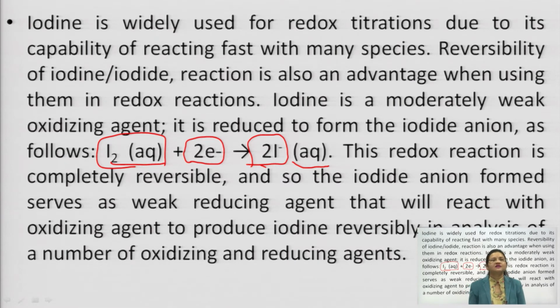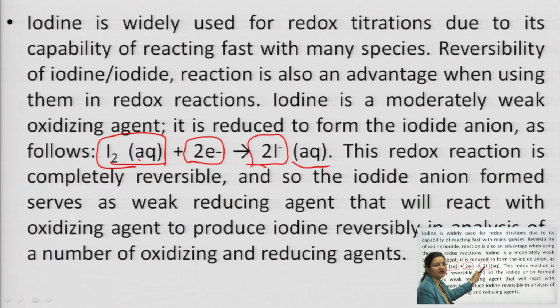This redox reaction is completely reversible. So the iodide ion formed serves as a weak reducing agent that will react with an oxidizing agent to produce iodine reversibly, and thus it reacts with a number of oxidizing and reducing agents. This is the applicability of iodine or iodide ion. We can see that this reaction is reversible.